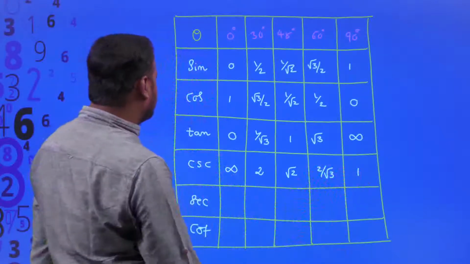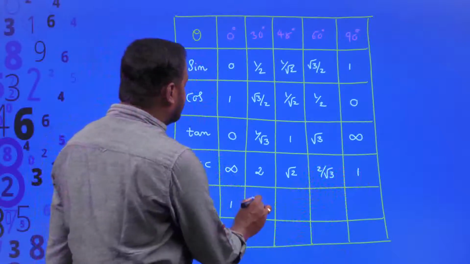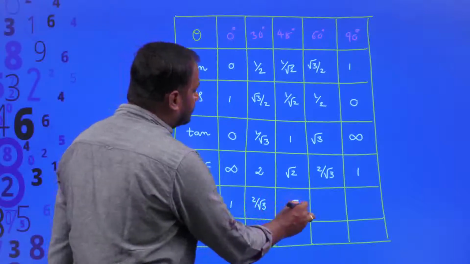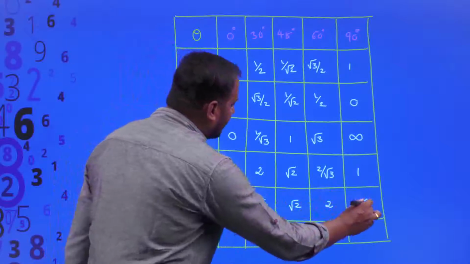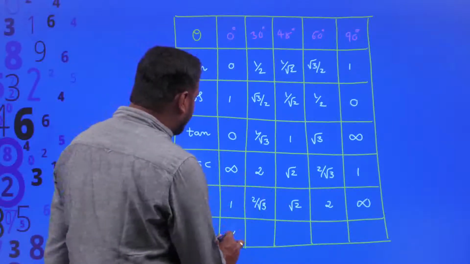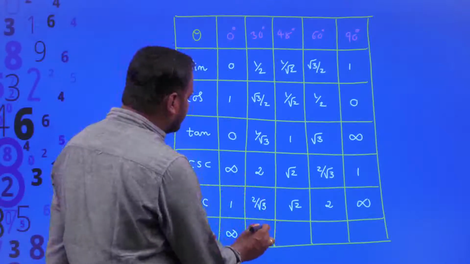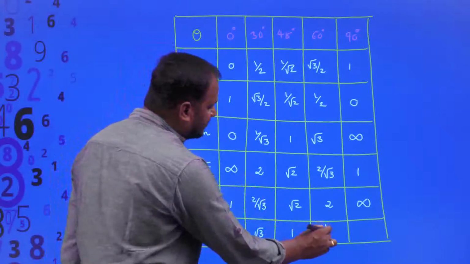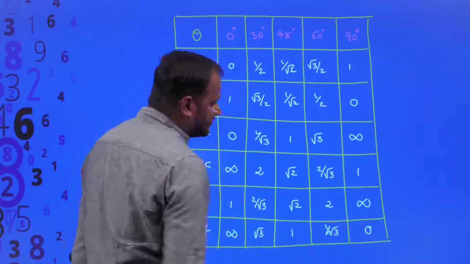Coming to secant values, so secant 0 is equal to 1, secant 30 is equal to 2 by root 3, secant 45 is equal to root 2, secant 60 is equal to 2, secant 90 is equal to undefined. And coming to cot 0 is undefined, and cot 30 is equal to root 3, cot 45 is equal to 1, cot 60 is equal to 1 by root 3, and cot 90 is equal to 0.